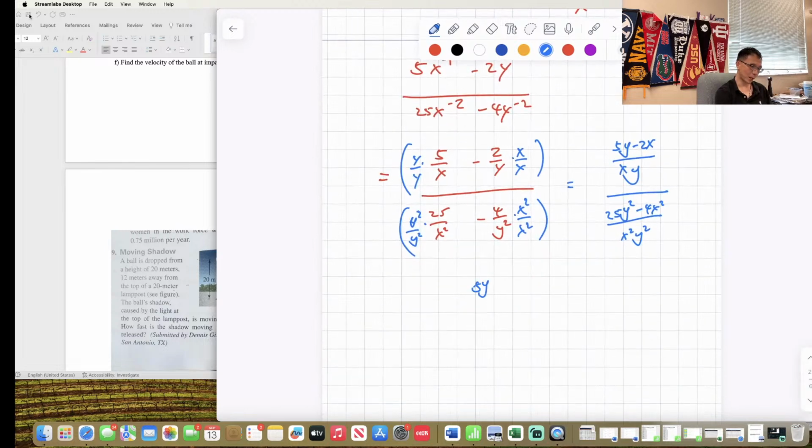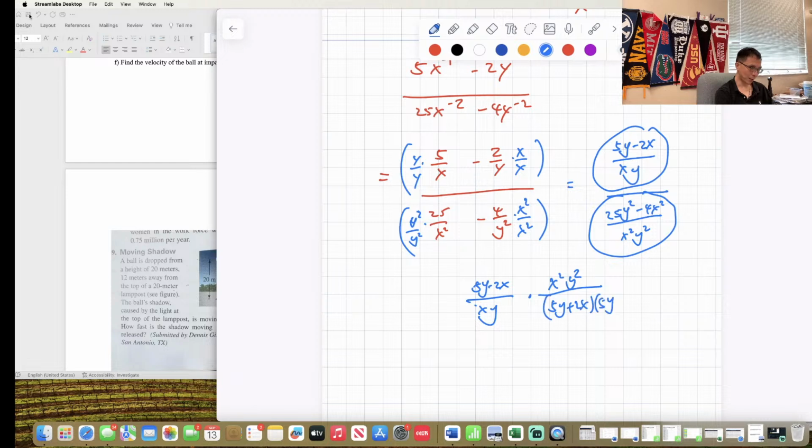So 5y minus 2x over xy times, well, it's this fraction divided by this fraction, right? Keep, change, flip, right? Is that okay? Can I factor the 25y squared minus 4x squared? That's going to be 5y plus 2x and 5y minus 2x, right?